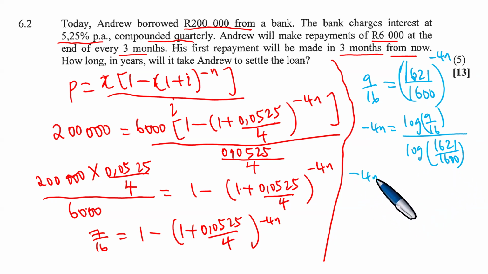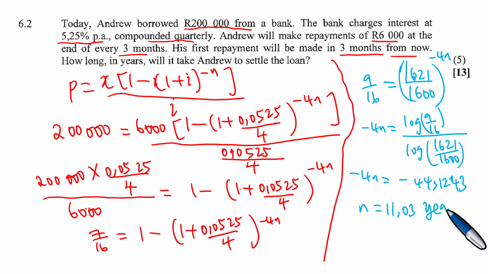If you use the calculator and divide these things, you get minus 44.1243, and then if you divide by negative 4, you'll get actually 11.03 years.